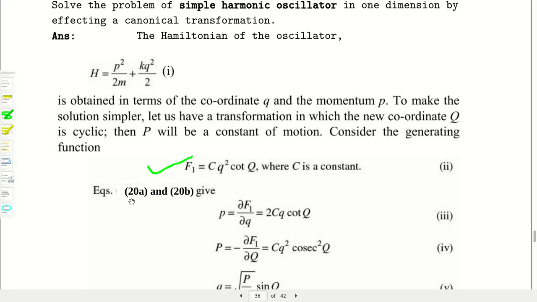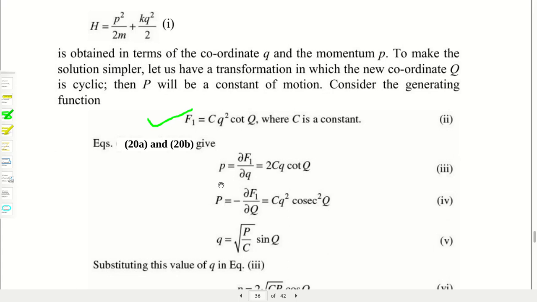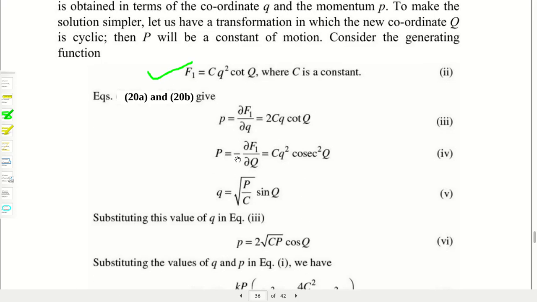So equations 20 and 20b, the equations for the first generating function f1, give you the two variables small p and capital P, in terms of small q and capital Q. And see, small q can be evaluated from here.